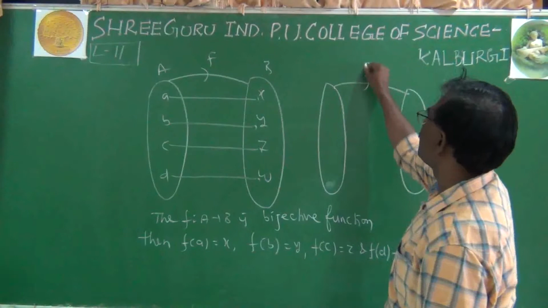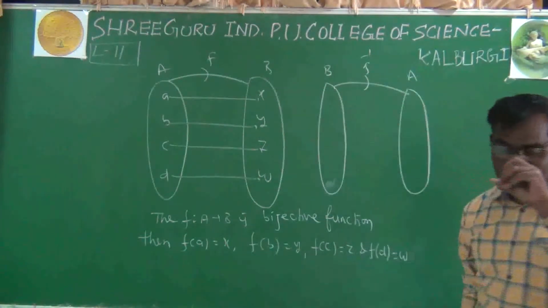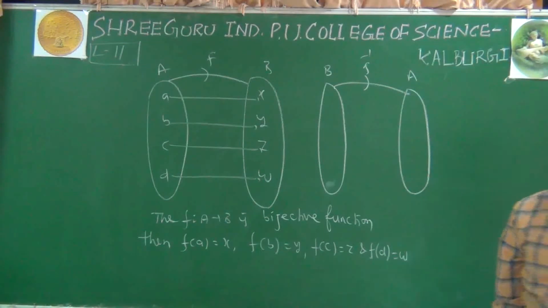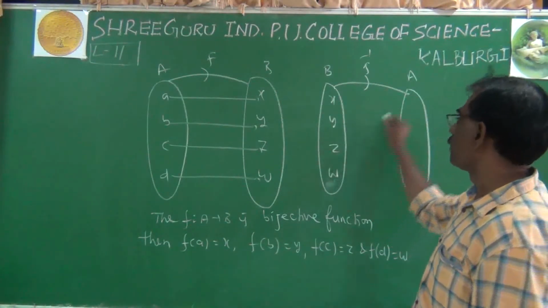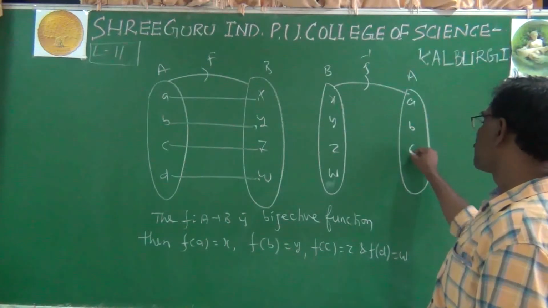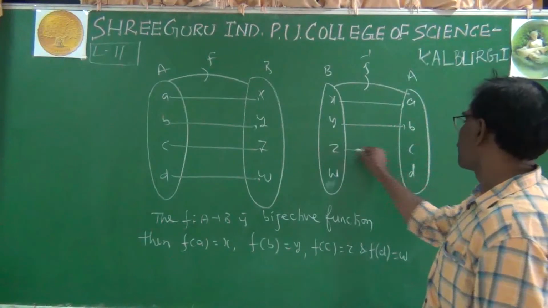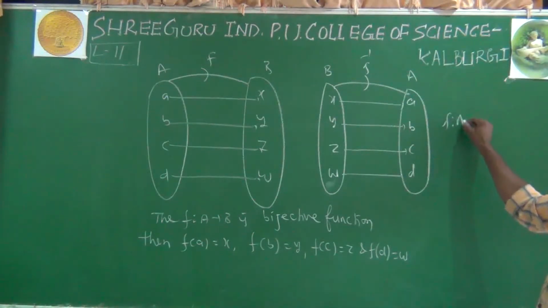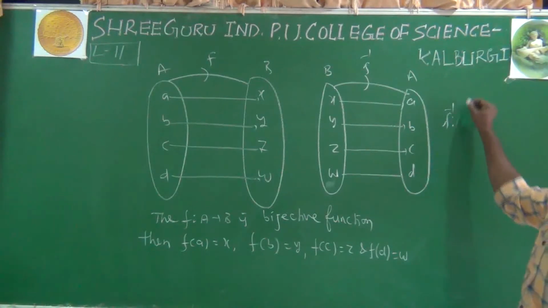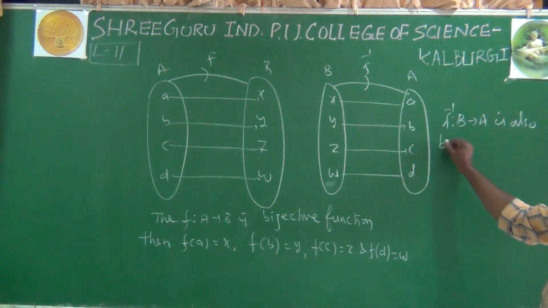Now I am taking the inverse: f from A to B, f inverse from B to A, with x, y, z, w and a, b, c, d. Now f inverse from B to A is also bijective.